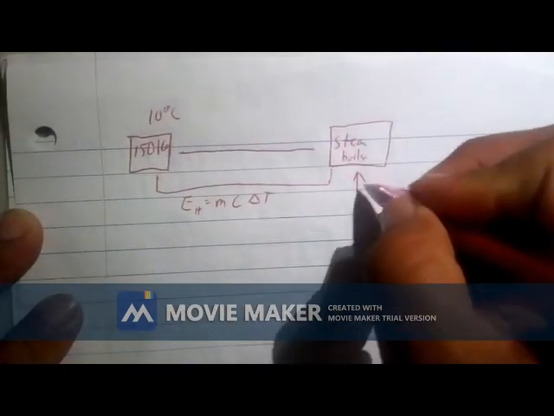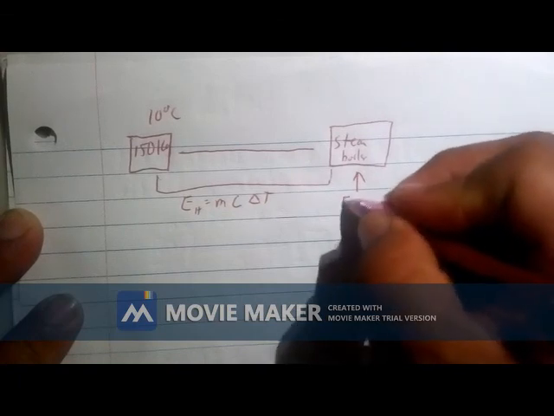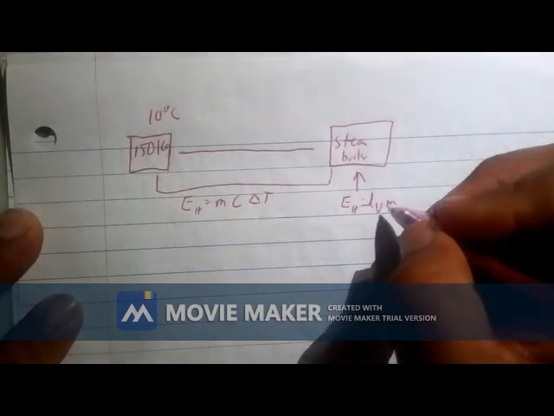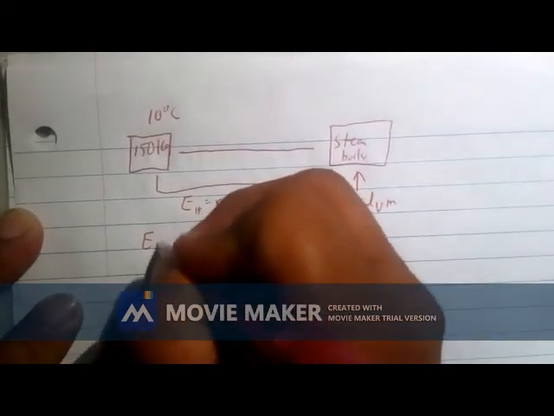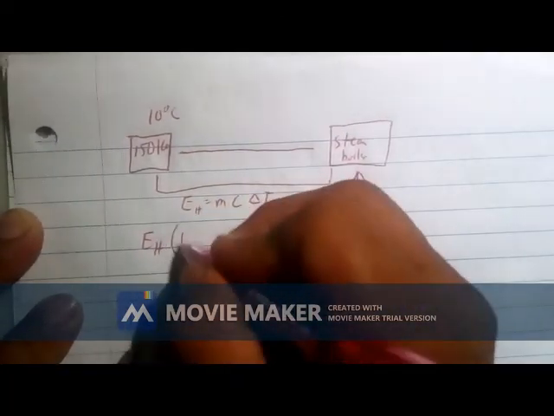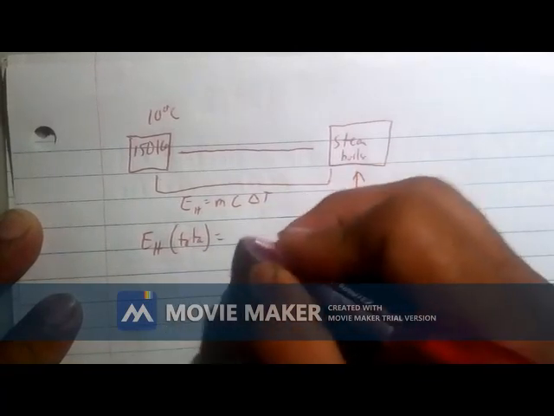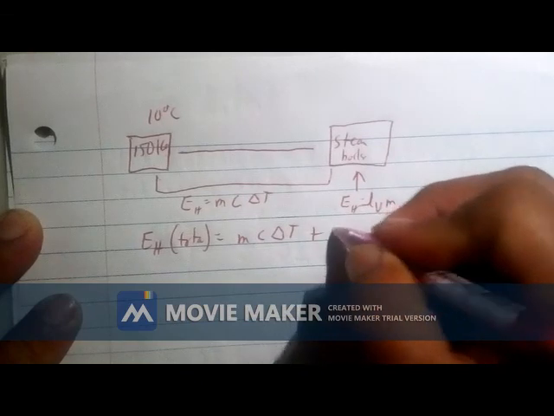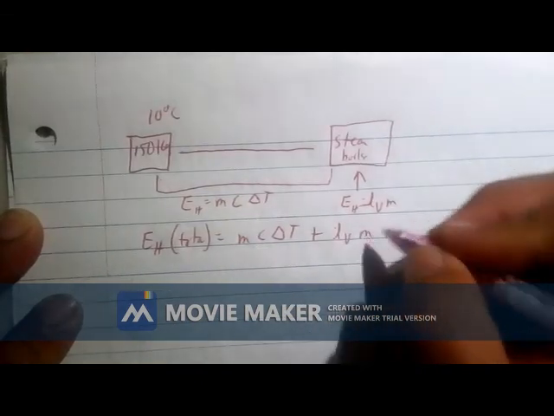For it to change state, we just need the latent heat of vaporization times the mass. So the total amount of energy will be mass times specific heat capacity times change in temperature, plus the latent heat of vaporization times the mass.